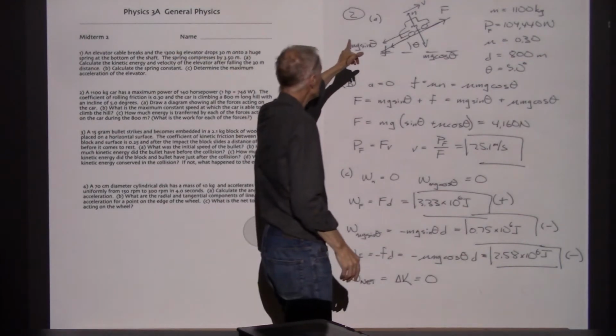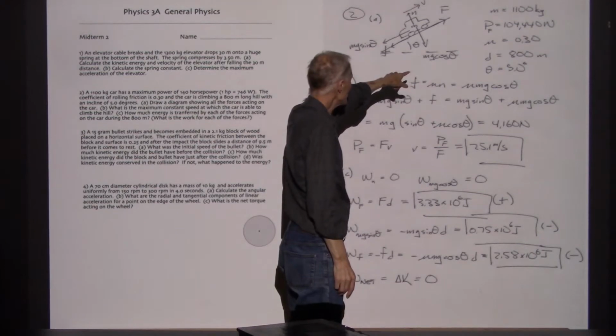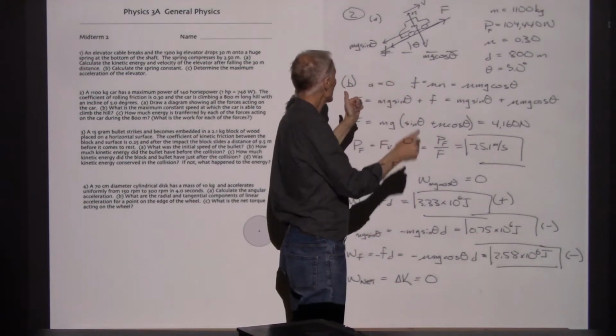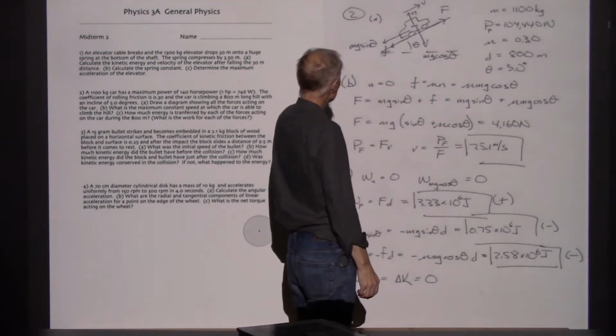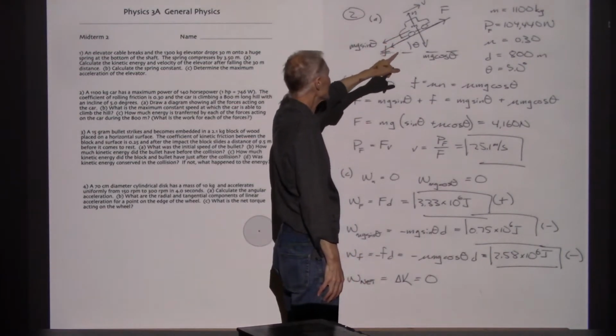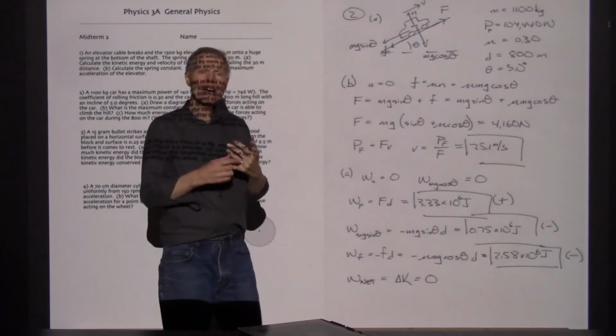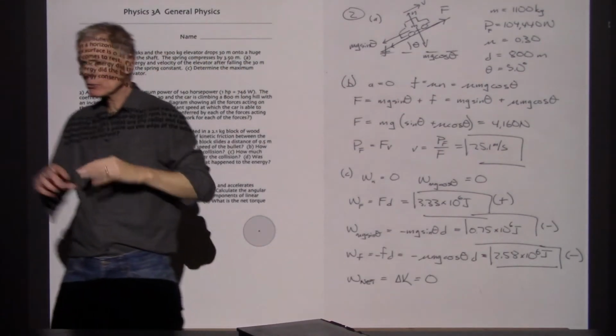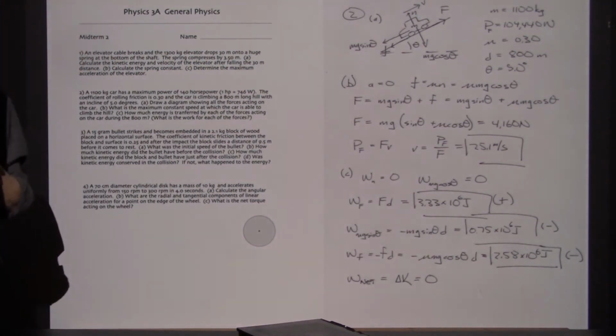So n and mg cosine theta equal each other. Now, in the incline direction, there is a force, I'm calling it capital F, and that is a frictional force between the tires and the pavement.